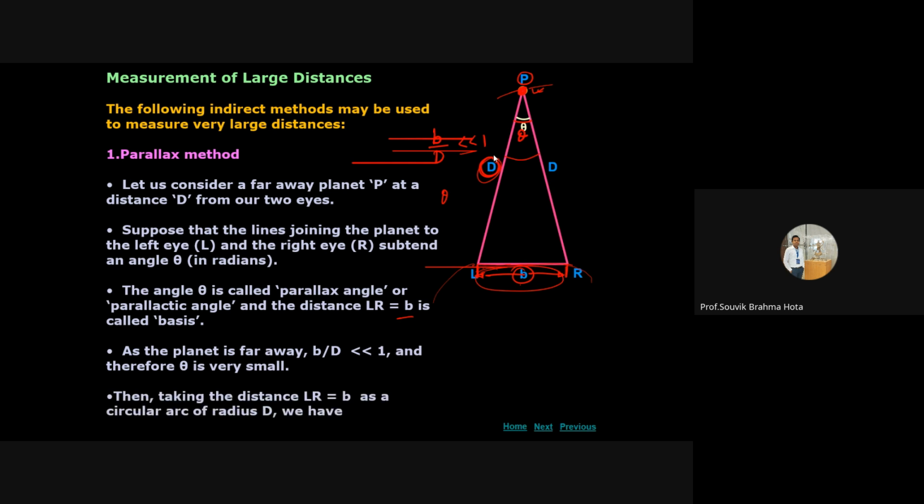Then, taking the distance LR as B, and D as the circular arc radius, we can write theta is equal to LR by D. LR is equal to B, so theta is equal to B by D. Now you need the distance D. Your aim is to find the distance from L to P or R to P, the distance between the planet and these points.